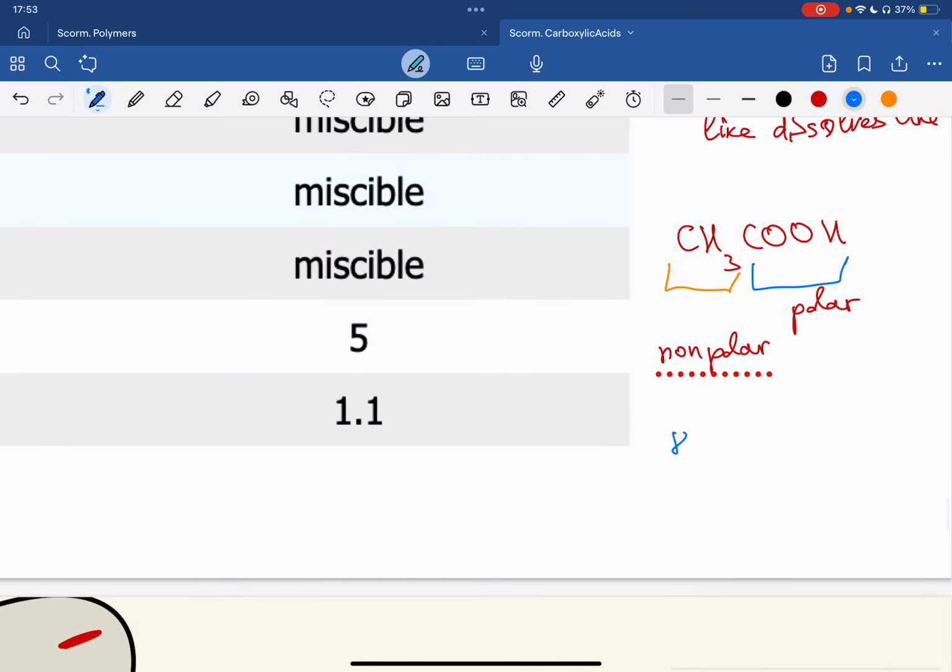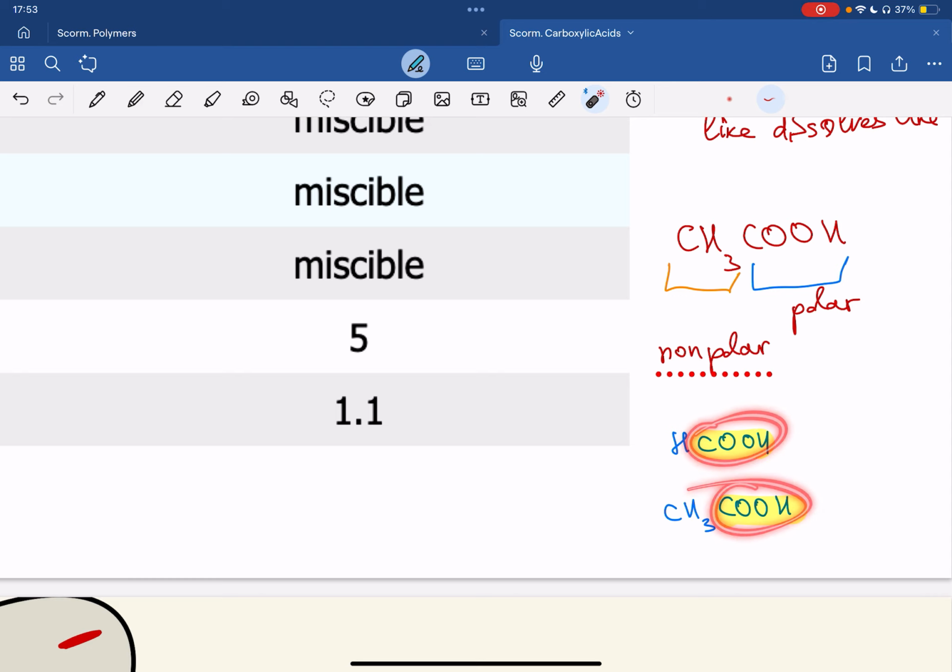Imagine we are comparing these two molecules, CH3COOH and the next one. What's happening to the polar part? The polar part doesn't change. We have the same COOH in both. So polarity remains the same. But what's happening to the non-polar part? The non-polar part is getting bigger because we have more carbons and more hydrogens.